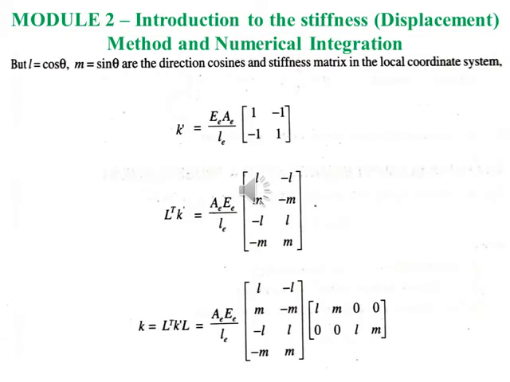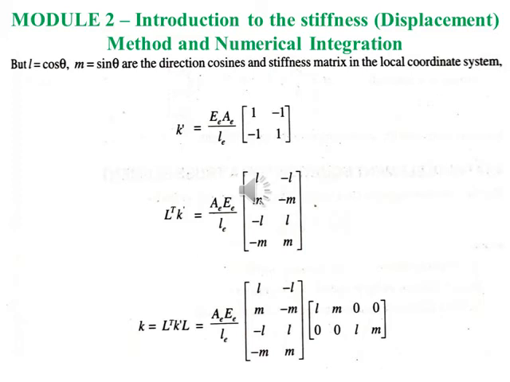So here you can see K dash is equal to E A divided by L, or AE divided by L into [1 -1; -1 1], and L dash into K can be written as AE divided by L into [l m -l -m]... or K is equal to L transpose K dash L, which is equal to AE divided by L into [l -m...] into [l m 0 0; 0 0 l m].